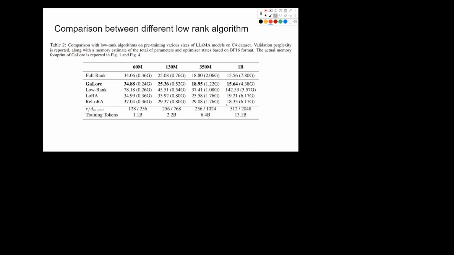And comparison between the low-rank algorithms. In this paper, they compare GaLore to full rank. It means that we don't do any modification, using the full rank to calculate the gradient, or with low rank, we decompose the weights into a low-rank matrix.